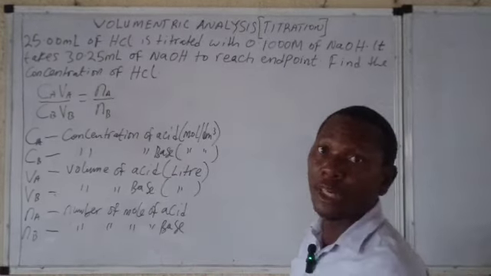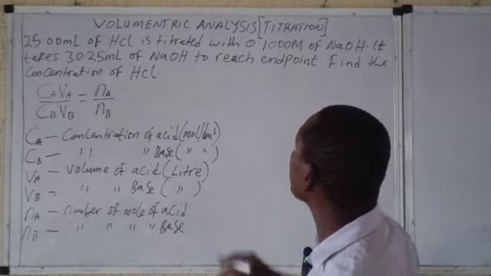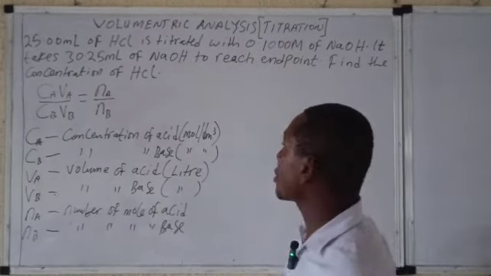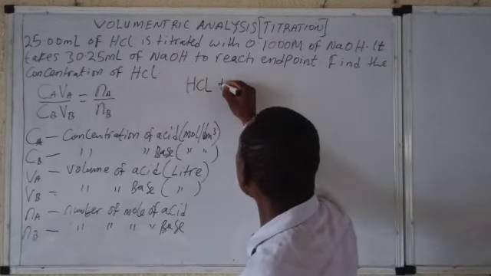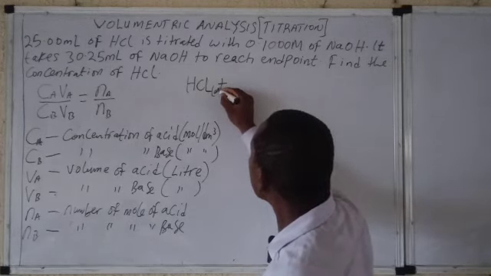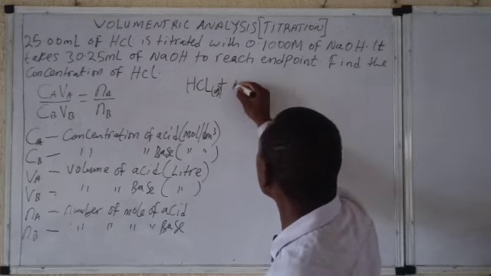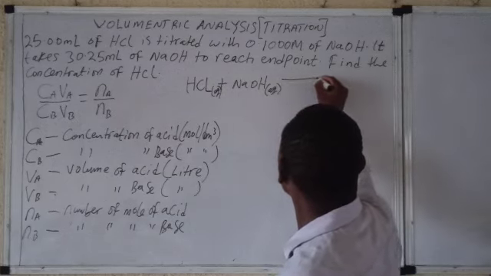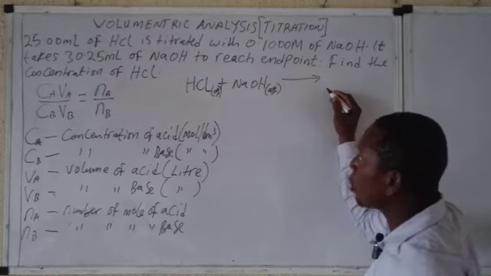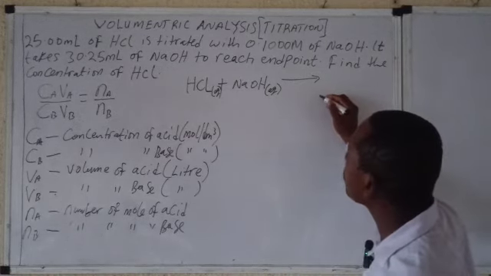Write out the chemical reaction between the acid and the base. So I'll do it. HCl aqueous reacts with sodium hydroxide. You have salt and water.